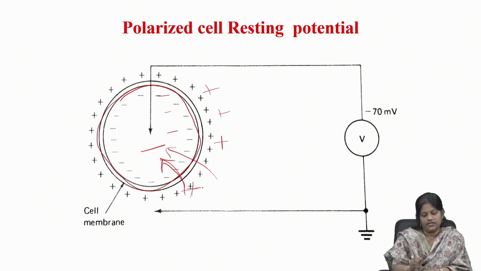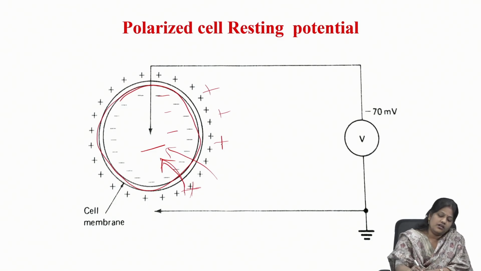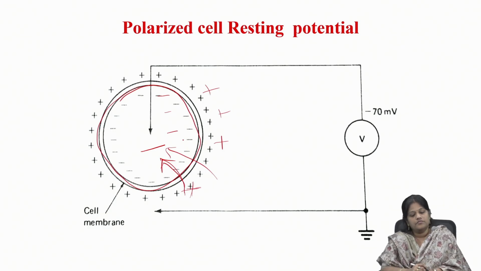So intercellular and intracellular: outside, positive sodium and potassium ions, and inside, negative ions will be present. Because of that, a net imbalance takes place.